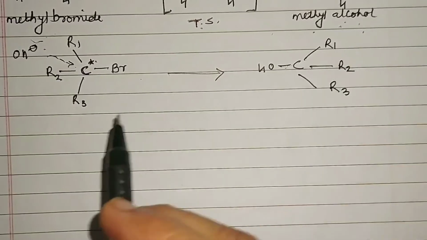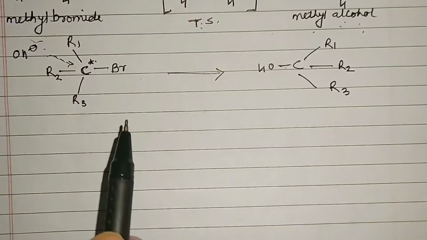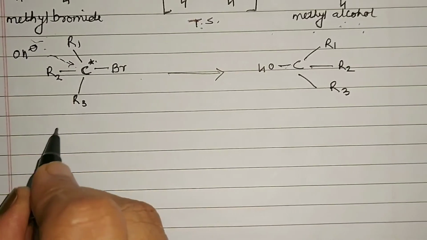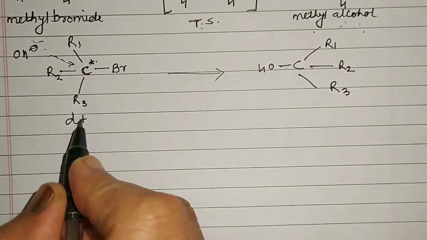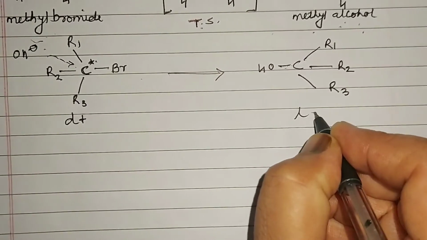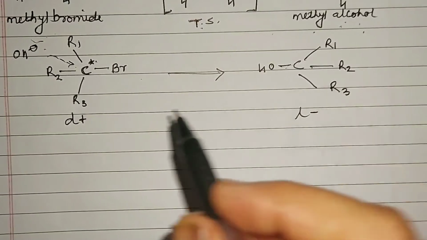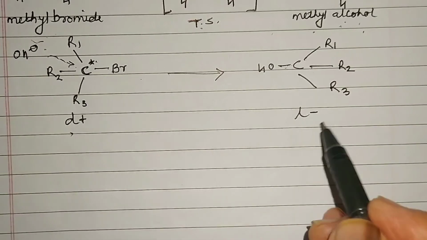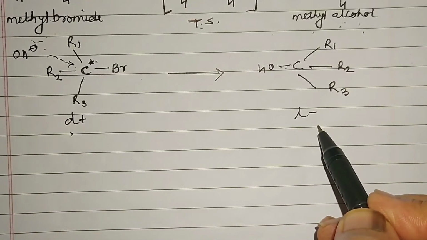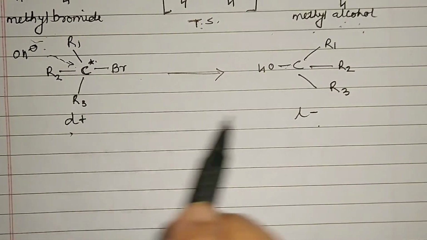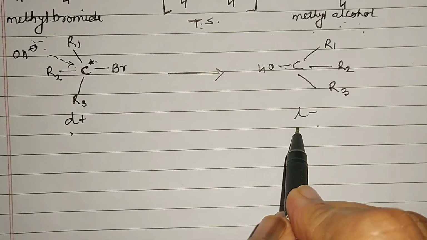It means we see that there is inversion of configuration. Suppose this compound is D plus, then we see that this compound is L minus. Means suppose this compound is dextrorotatory, then the product alcohol will be levorotatory. This indicates that there is inversion of configuration and this reaction is stereospecific in nature.